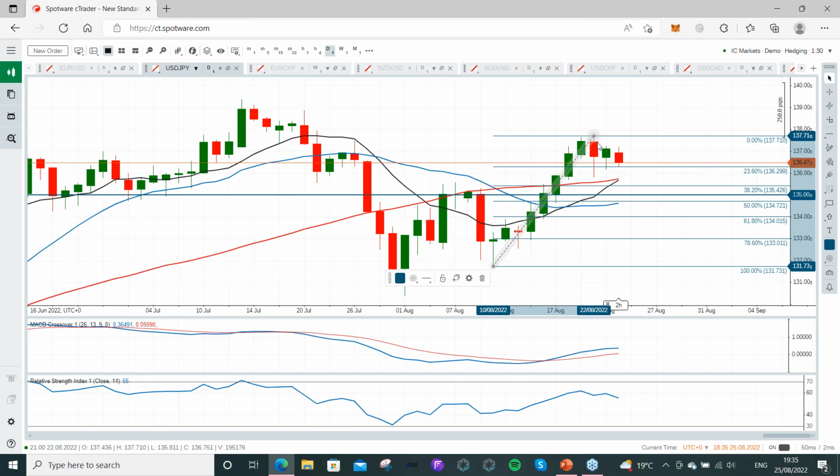So for me, what I would ideally be looking for in this particular case is price to pull back down to my 38.2 level or thereabouts.